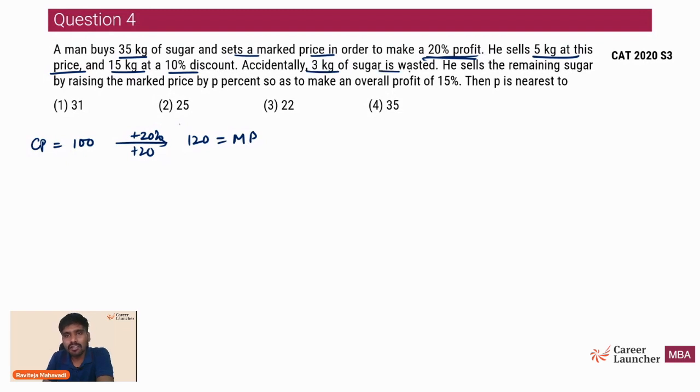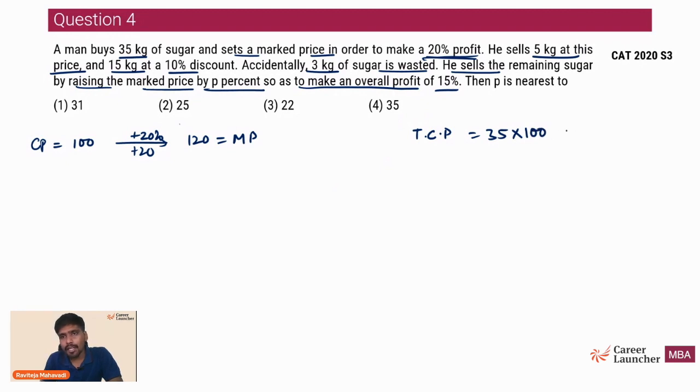Accidentally, 3 kg of sugar is wasted. He sells the remaining by raising the marked price by p%, so that he wants to make a 15% profit overall. Okay, so the total cost price is 35 into 100.